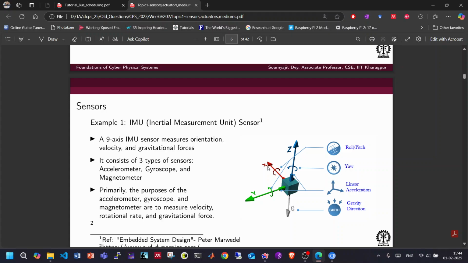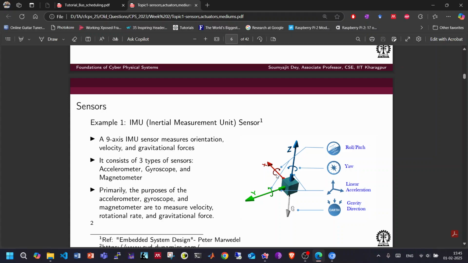Since it is working on certain phenomena, that depends on how much that suspended mass is moving. So we are basically translating the movement of the whole mobile CPS that we are trying to measure the acceleration or the angular acceleration of.